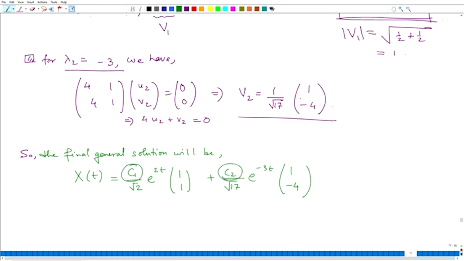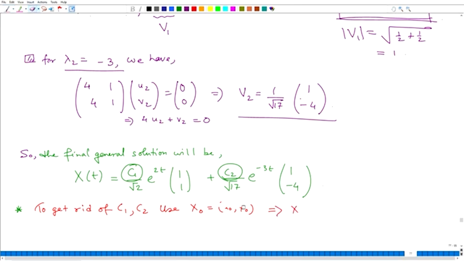To get rid of C1 and C2, you have to somehow use the initial conditions. To determine C1 and C2, use the information about x0, y0.